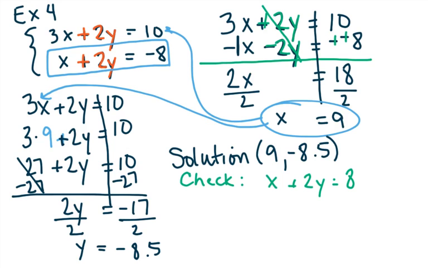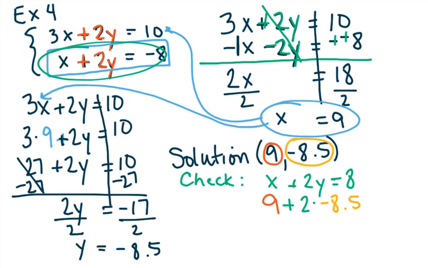That was my original equation right over here. I plug in x equals 9 and y equals negative 8.5. So that will result in 9 plus 2 times negative 8.5 equals negative 8. Let's make sure that works.